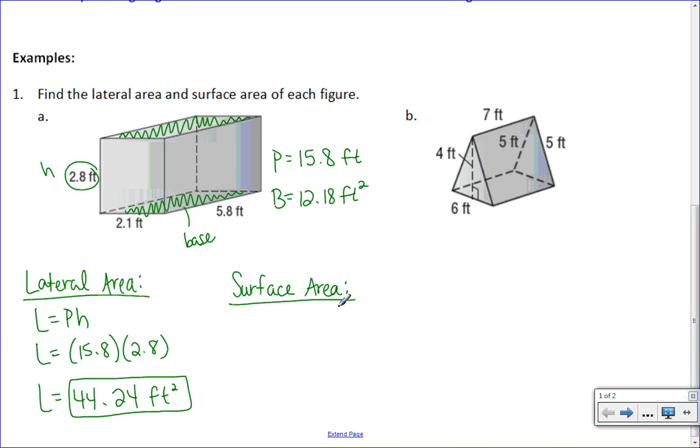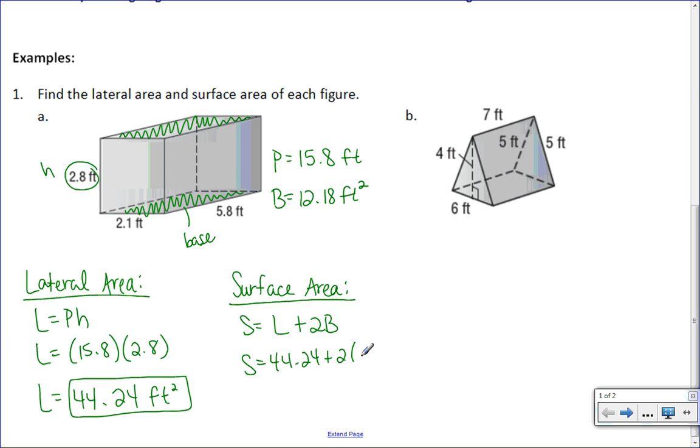Now, since we already have the lateral area, we want to use the formula that just says S equals L plus 2B. Because we already found L, there's no need to do that again. Okay, so to replace L, we'll use 44.24. And then 2 times the area of the base that we found already.